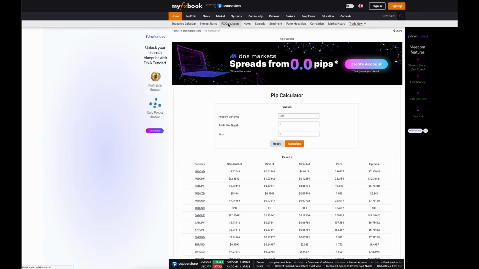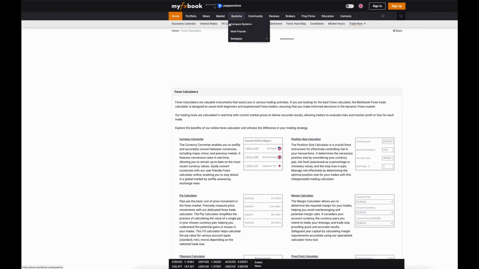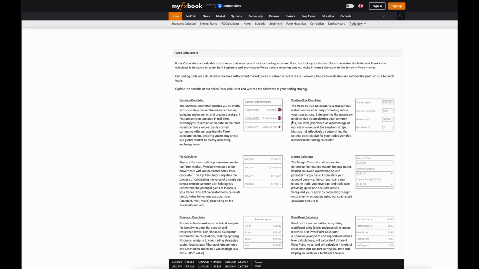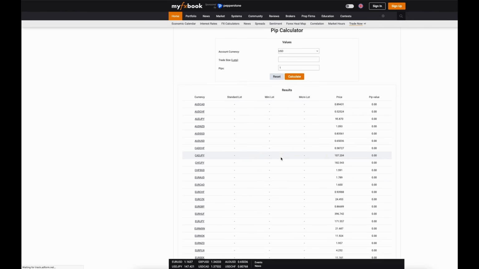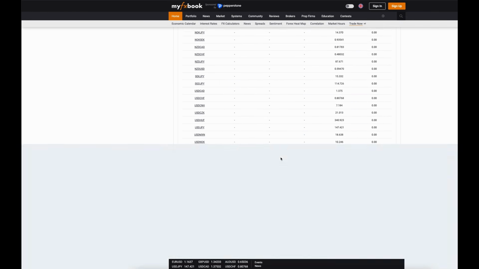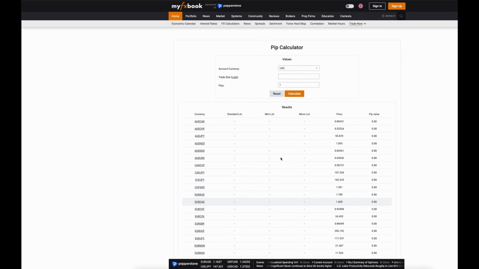Let me just show you that process. You click on FX calculators up here, and then come to the pip calculator here. Click on it, and it is going to show you how each currency pair has its pips calculated. So we have here all of the currency pairs that you know in this world. They are all listed here, okay?